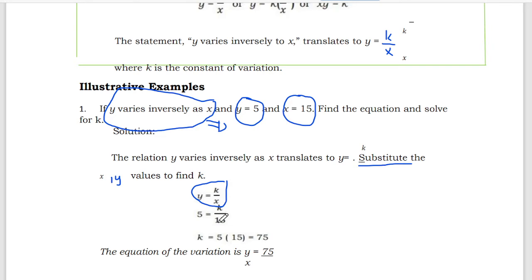Based from here, we can just multiply both sides by 15.